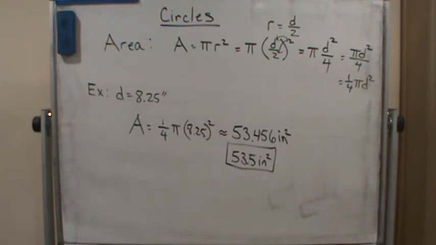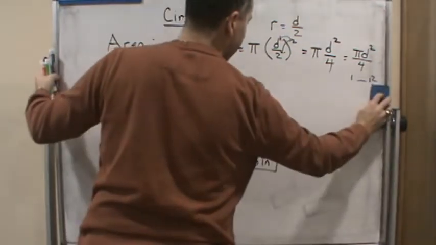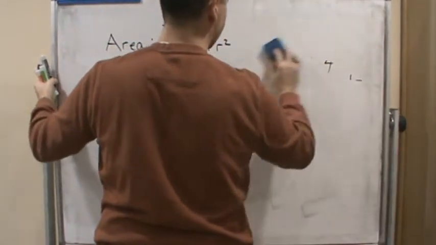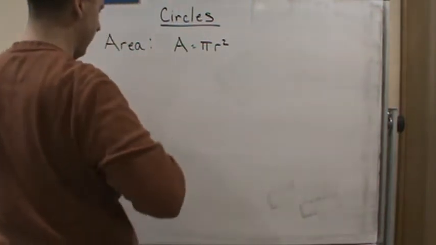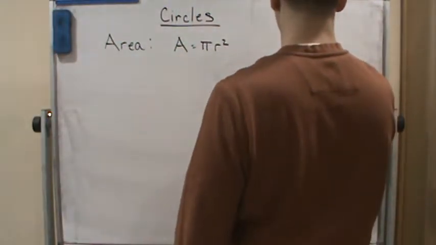Ooh, this is a good one. Okay, well, let's draw this out. Always do a picture. I always like a picture. So I'm going to draw my circle.